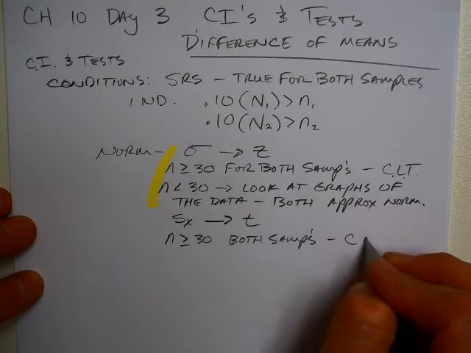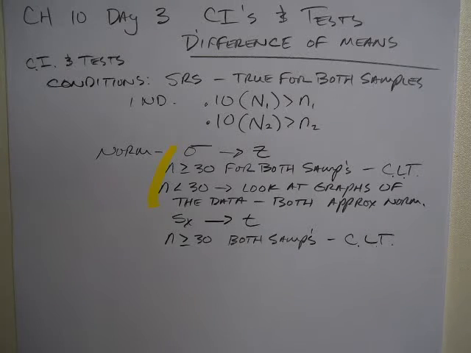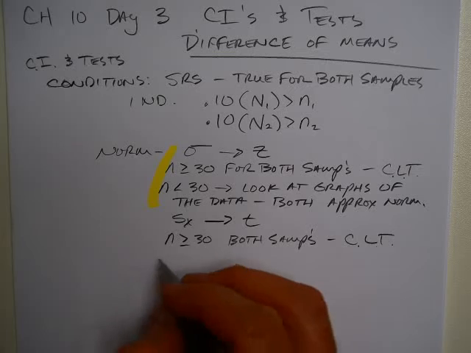You've got the CLT, central limit theorem. But what if you don't, which is pretty common. Both graphs need to be roughly similar. They have to both kind of have the same rough shape, but they don't have to be normal. But they cannot have any outliers or any massive skew.